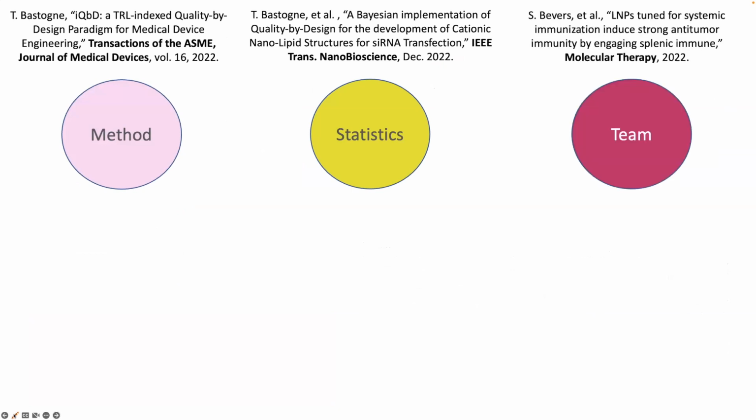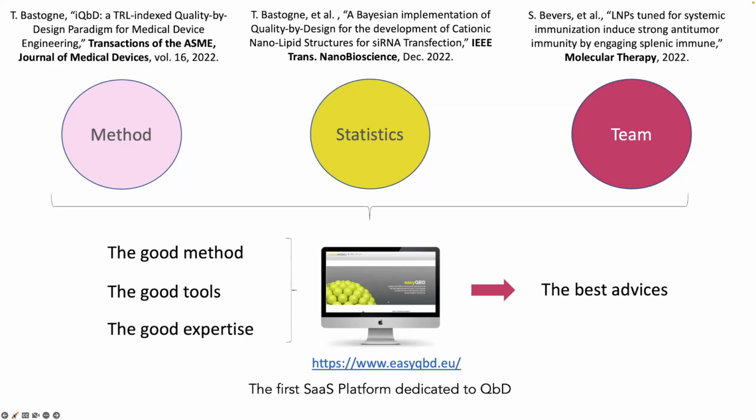The last aspect was to build a pluridisciplinary team to facilitate and better discuss with all the drug developers. All three ingredients have been implemented in what we call a SaaS platform, SaaS meaning software as a service platform. This is a technological innovation.